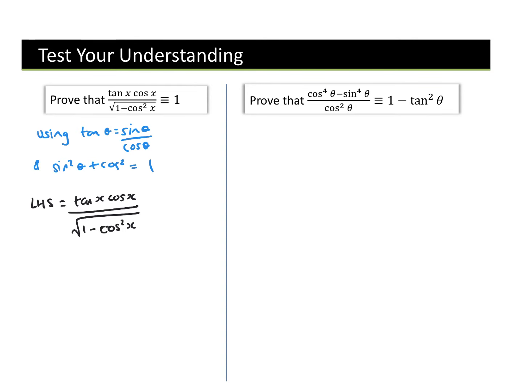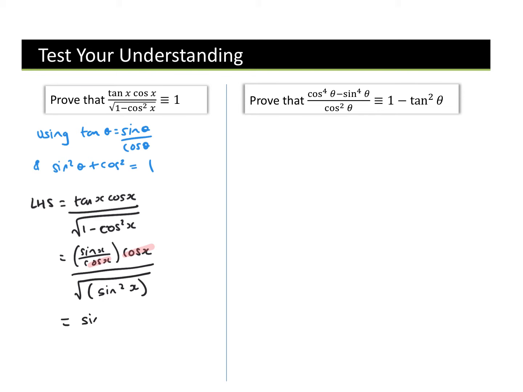Then, now we can start substituting. We know that tan is silly cow. Sin x over cos x multiplied by cos x over the square root. We know that 1 minus cos squared is sine squared x, which then equals, we know that the cos's are going to cancel.